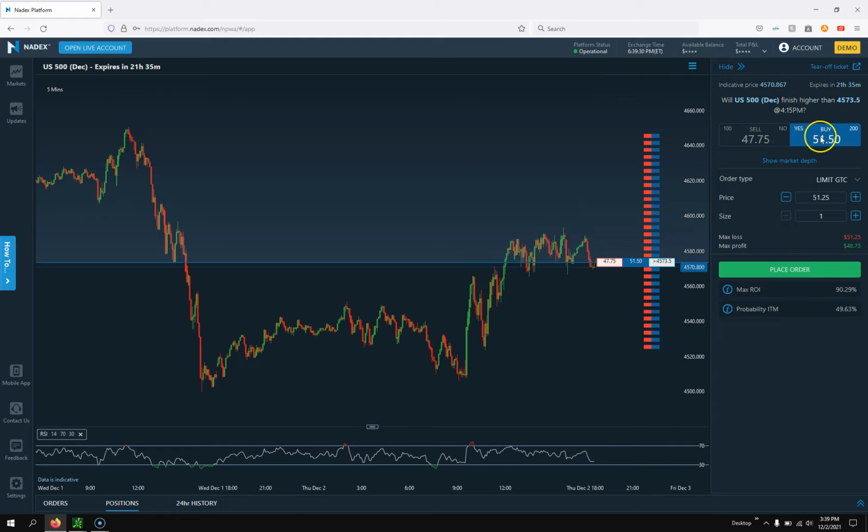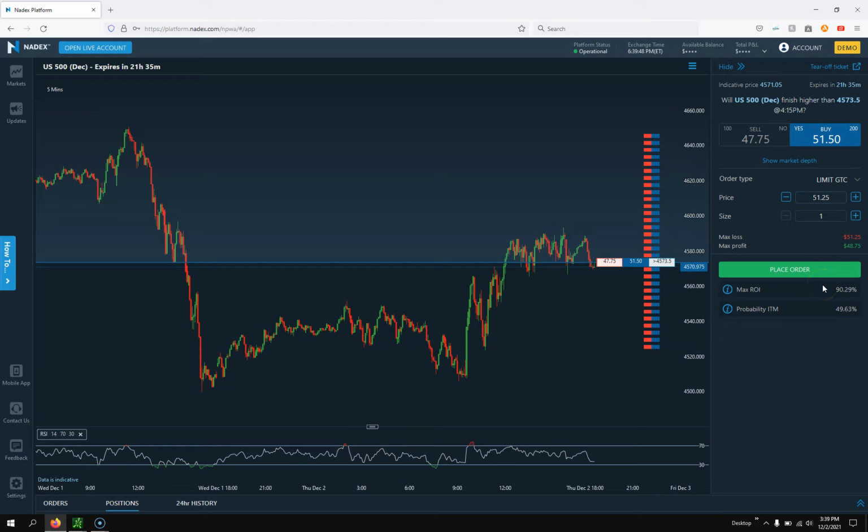Are we going to close above or below? It's a yes or no. If you think so, you say yes, and the price is $51. Here's your total max loss, what you pay. Your max profit is 48.